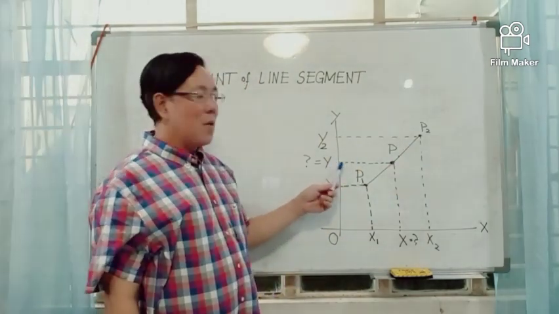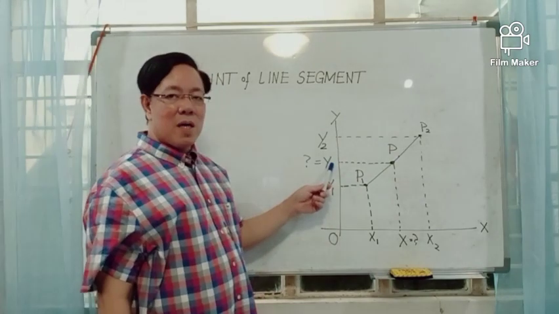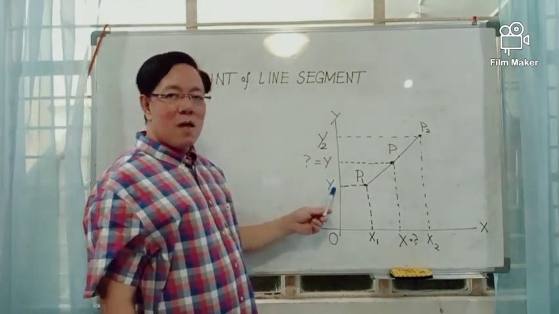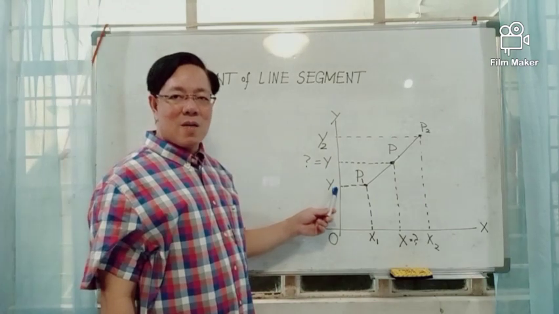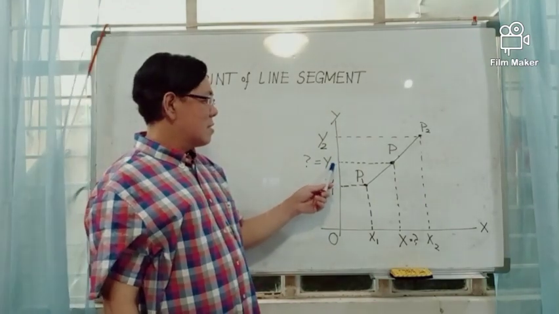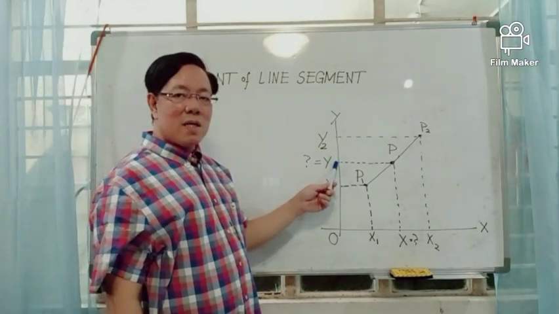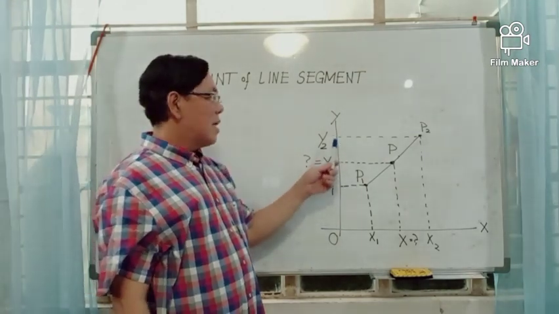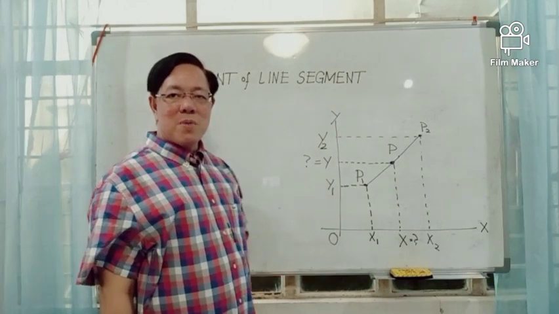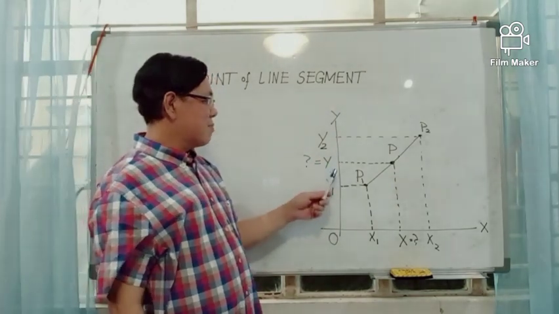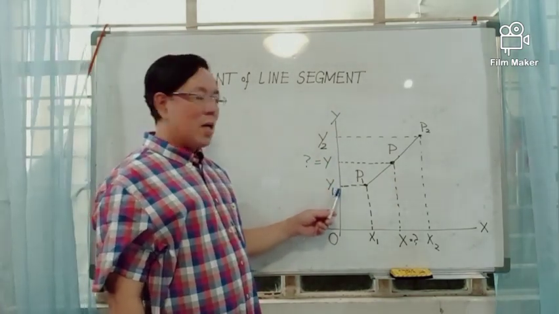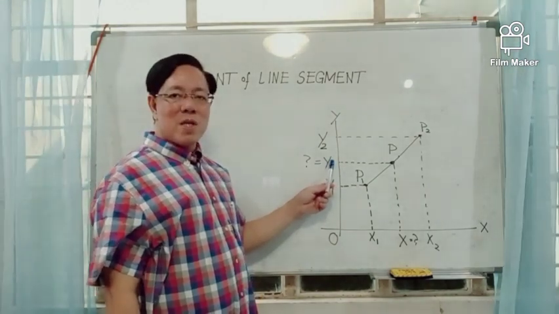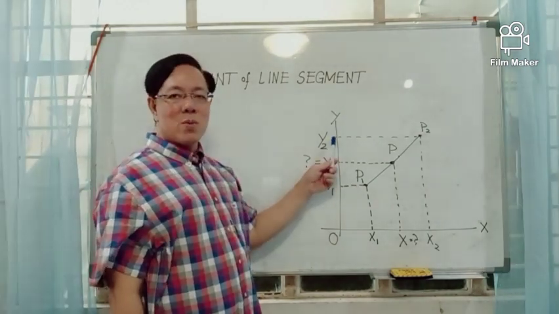The ordinate of the midpoint also divides the distance between the ordinates of the endpoints of the line segment. That is, the value of y here is halfway between the values of y1 and y2, which means that the distance between y1 and y is equal to the distance between y and y2.